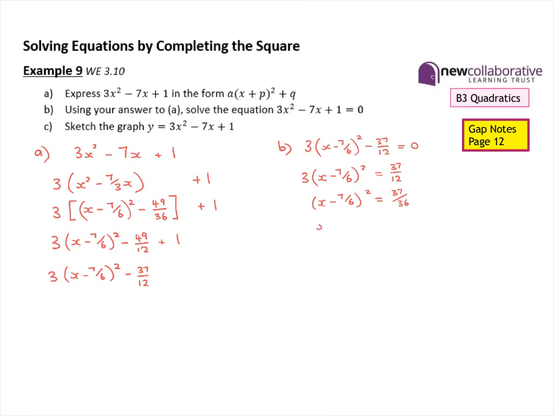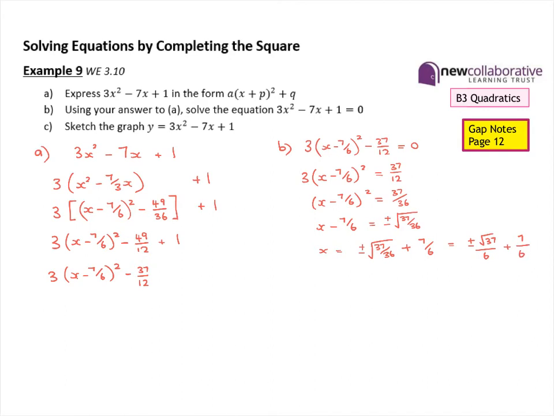So if we continue with the rearrangement, we get x take away 7 over 6 must be positive or negative the square root of 37 over 36, and so x must equal plus or minus the square root of 37 over 36 plus 7 over 6, or in other words, positive or negative root 37 over 6 plus 7 over 6.